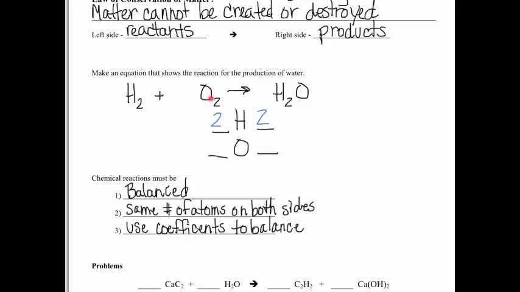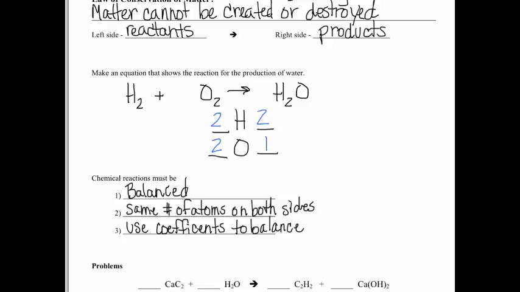Then when we look at oxygen, we have 2 atoms of oxygen on the reactant side. But on the product side, since there's no subscript here, it's really a 1, we only have 1 atom of oxygen. So in order to fix that, we're actually going to insert coefficients in front of the formulas. And we usually start with where the deficiency is.